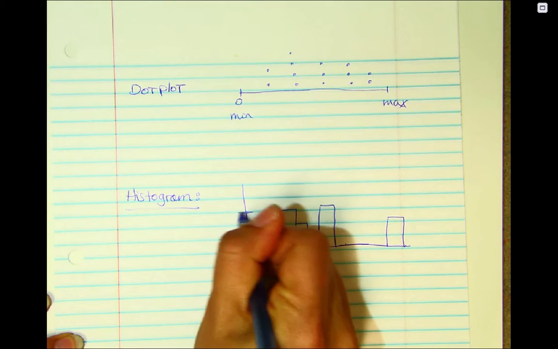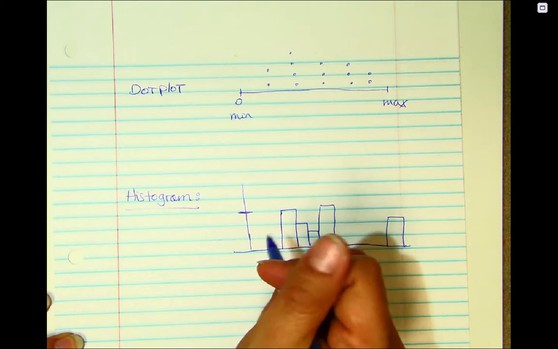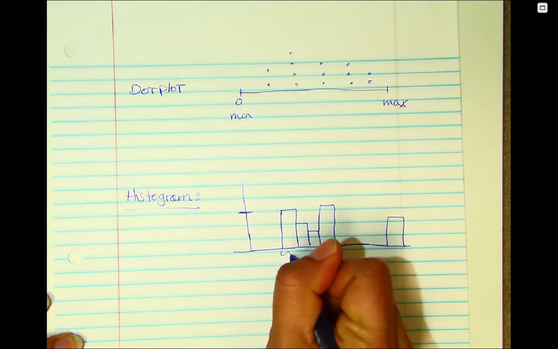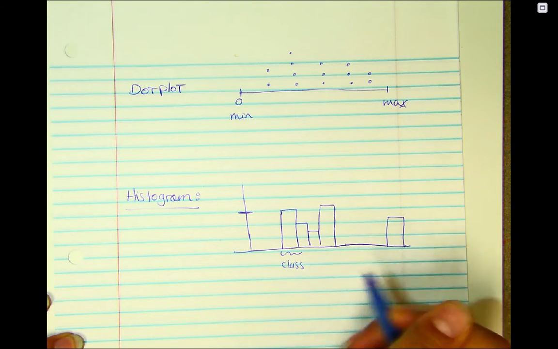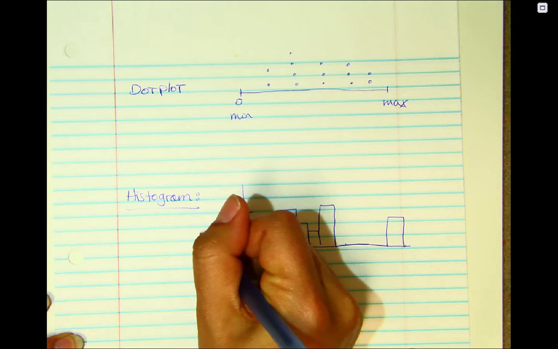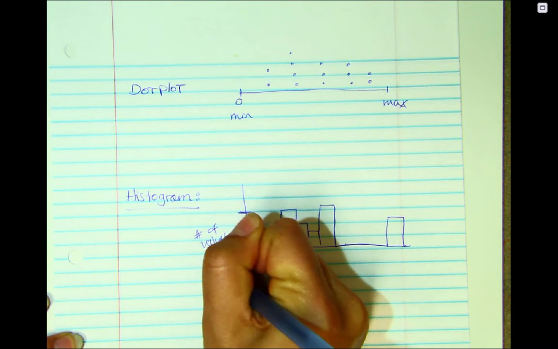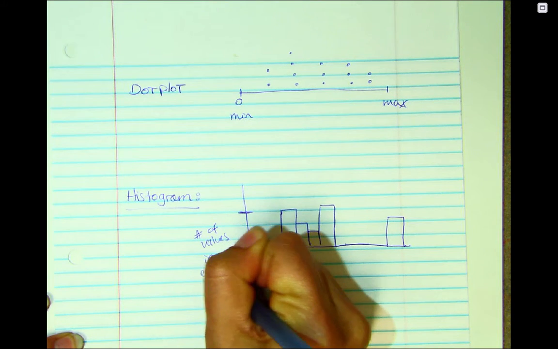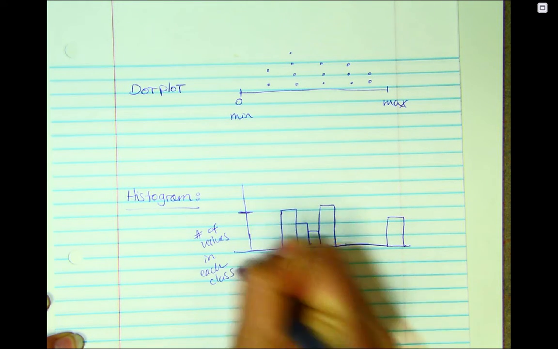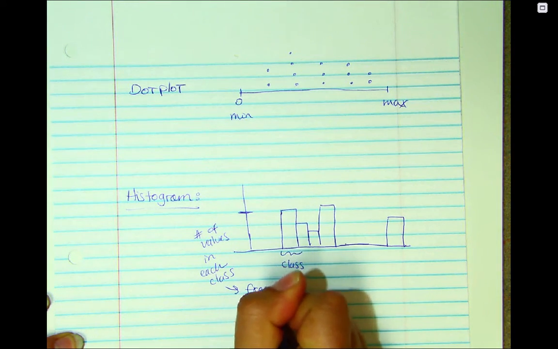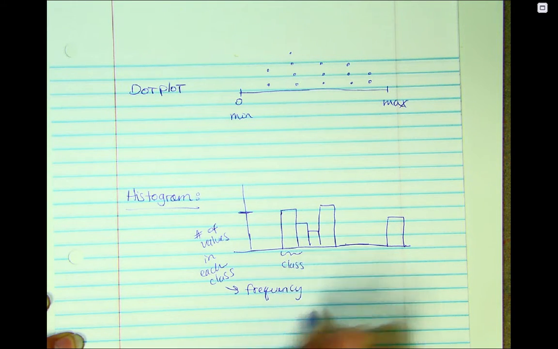The height of the box usually tells you the number of values in that class. So you have a class here, and the height is the number of values, or what we call the frequency, in each class. So that will be an example of a histogram.